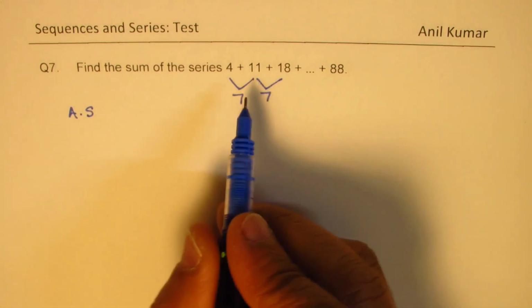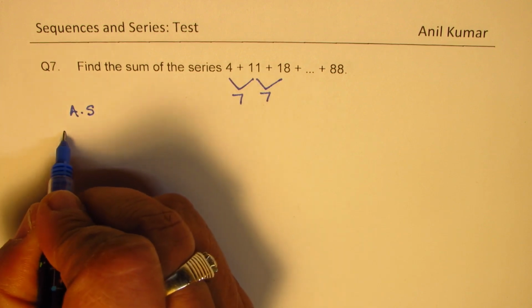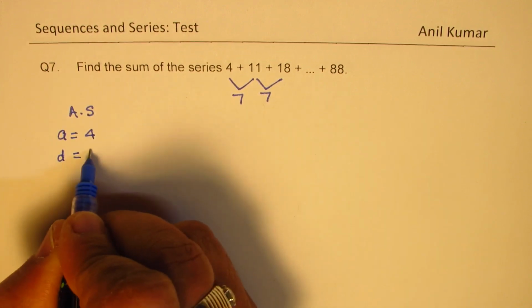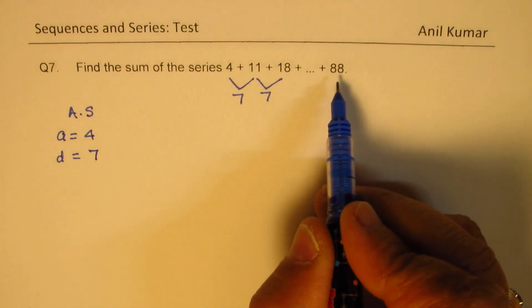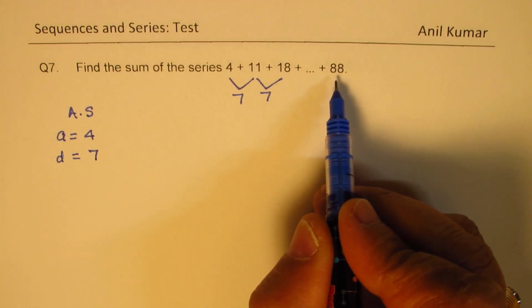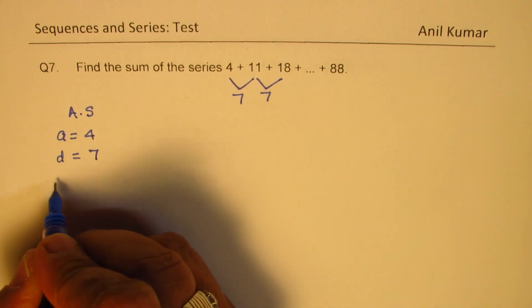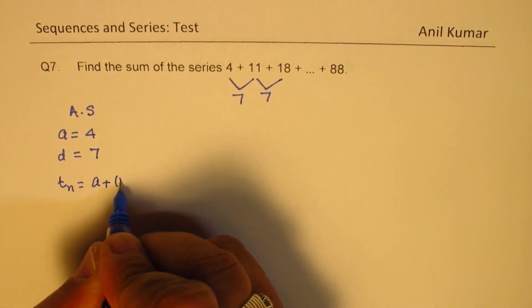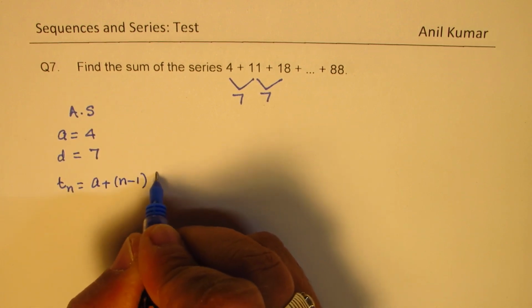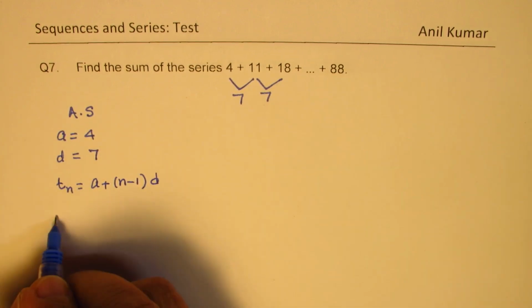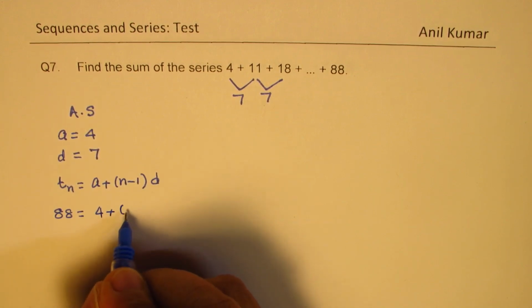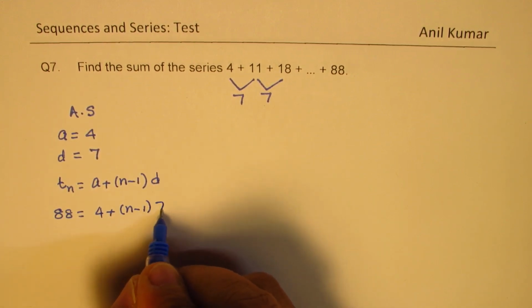So we at least know two things about it, that a is equal to 4 and the common difference d is equal to 7. Now we have to find the number of terms in this particular series. We know the formula that Tn is a plus n minus 1 times d. So Tn is 88, so 88 is equal to 4 plus n minus 1 times 7.